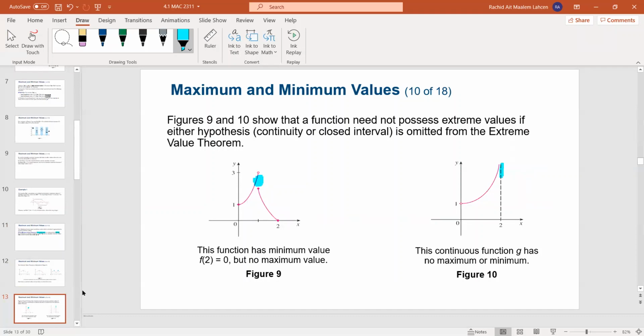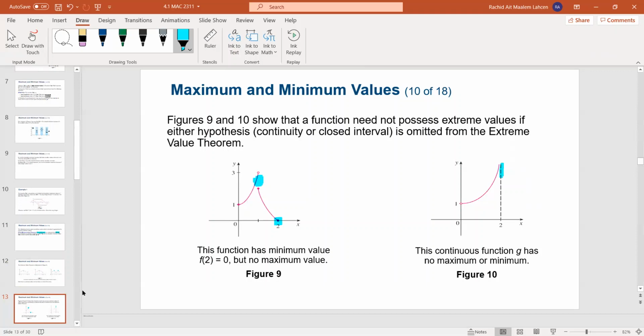This function has a minimum value of f(2) here, but no maximum value. We won't say that 3 is a maximum value, because it is not continuous and it does not even reach 3, right?